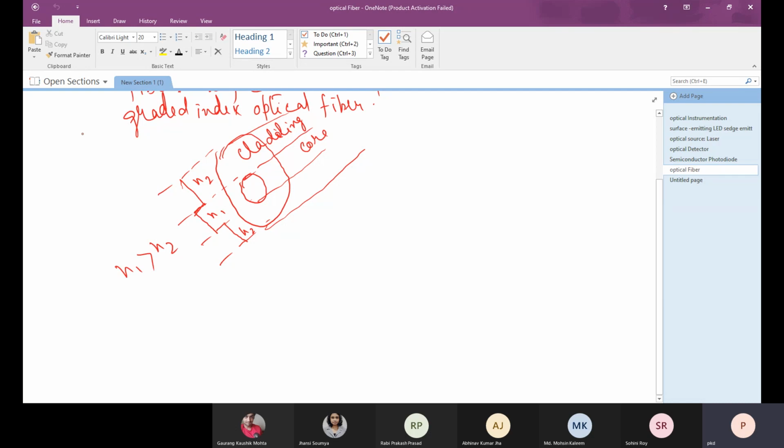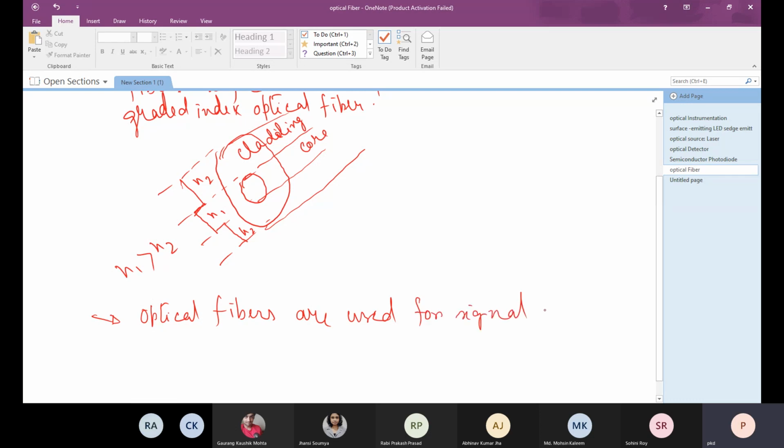With respect to instrumentation devices, optical fibers are used both for sensor and signal communication.